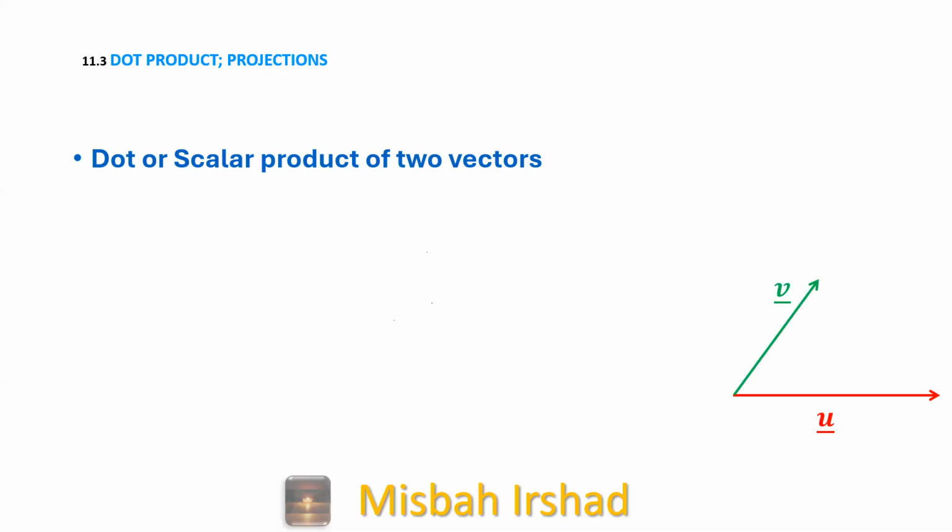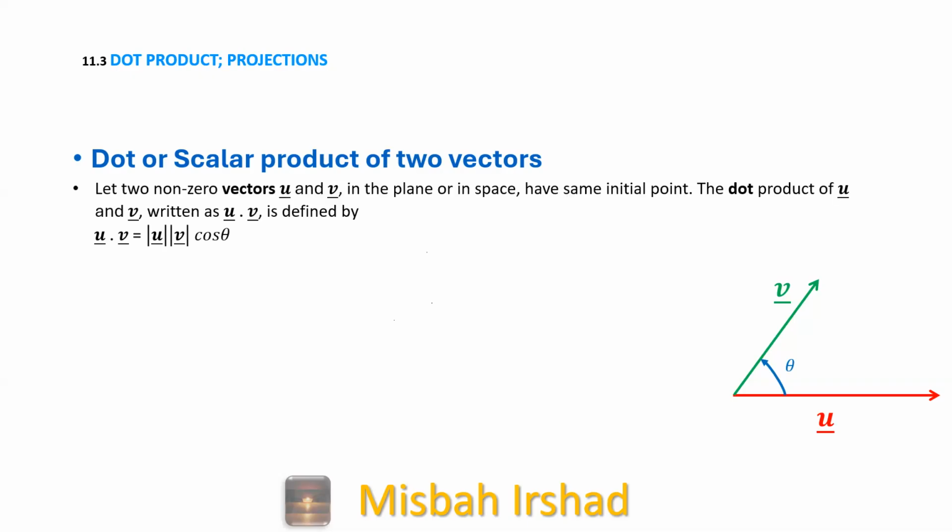If we have two non-zero vectors u and v, and the angle between these vectors is theta, then the dot product of u and v is defined by the magnitude of u times the magnitude of v times cos of the angle between them, and it is denoted by u dot v, where theta lies between 0 and pi.